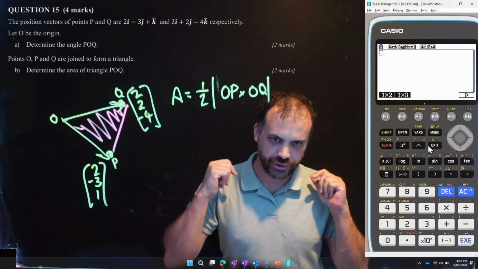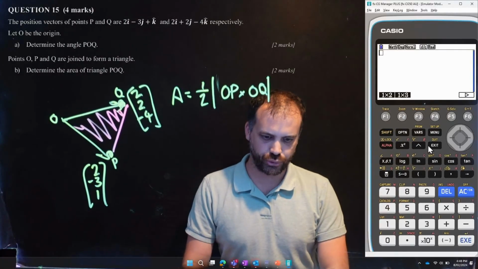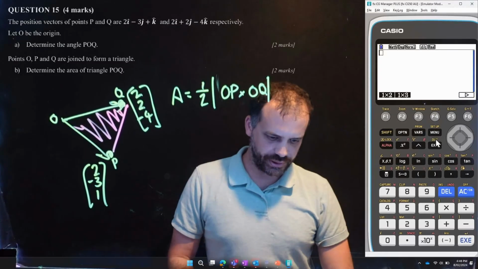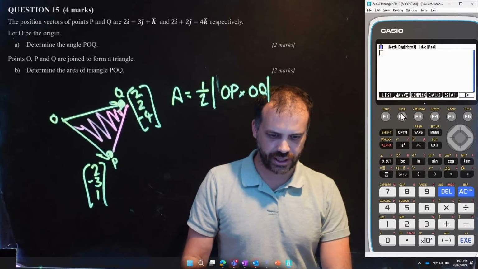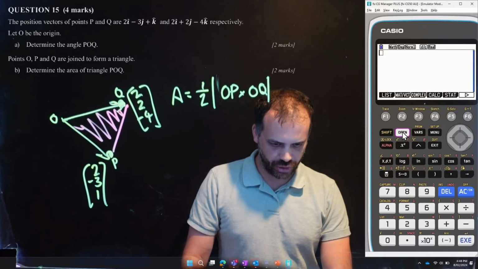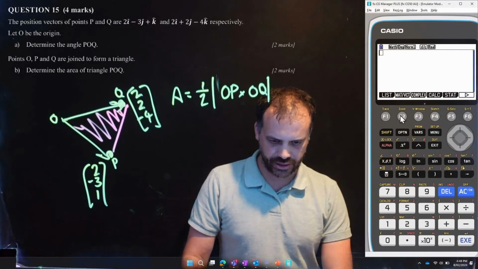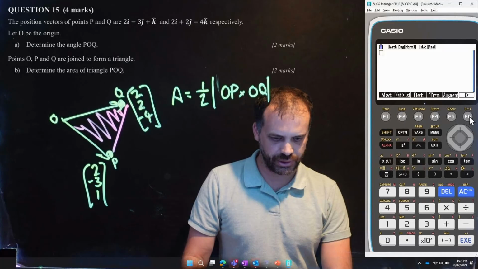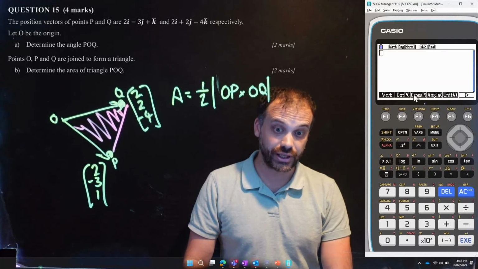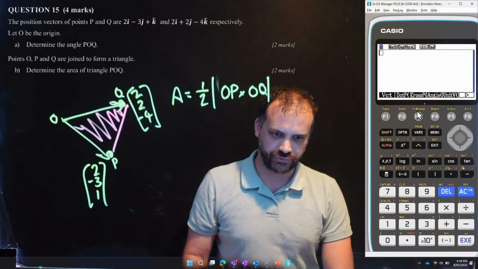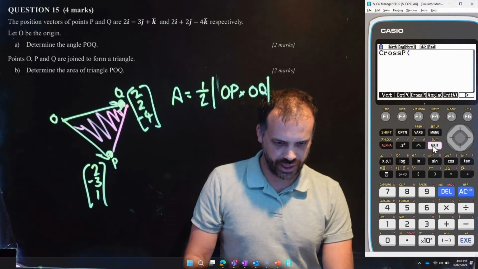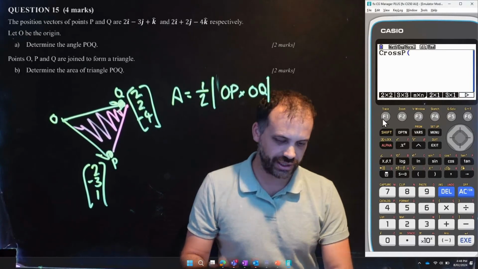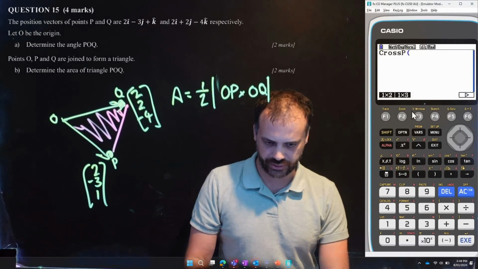So are we going to do the whole thing on our calculator? Yep, pretty much. Now I'm going to do it a little bit step by step because I don't want to try to do the whole thing all in one go and mess it up. So I'm going to go options and then matvec because that's going to give me all my different calculations. I'm going to do the cross product first, this bit in the middle. So cross product, and then I have to go out of this into math where I can enter my vectors.